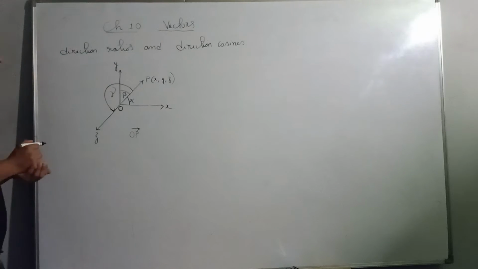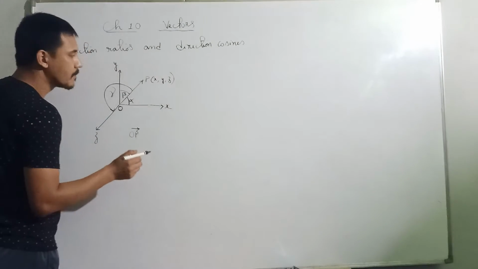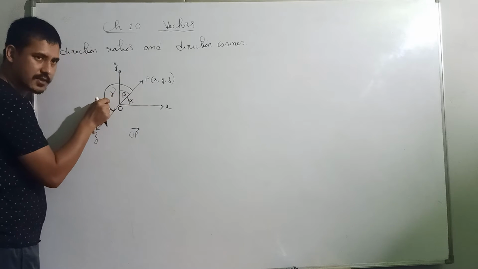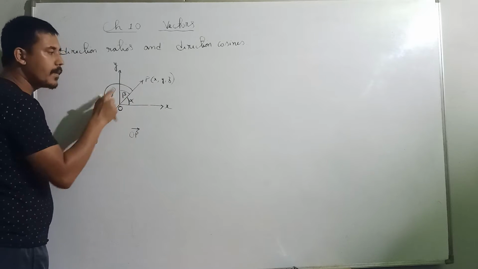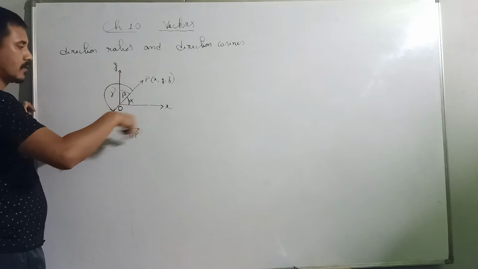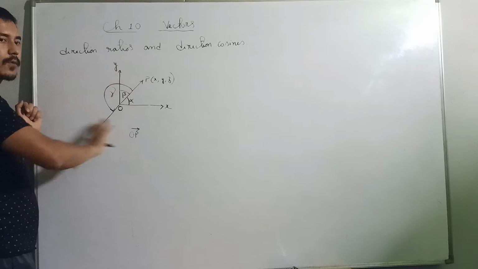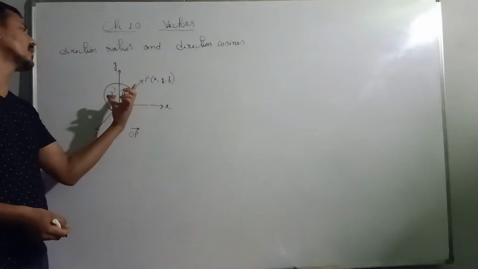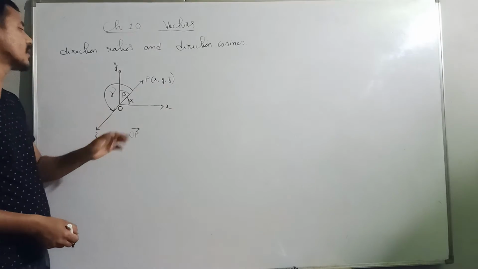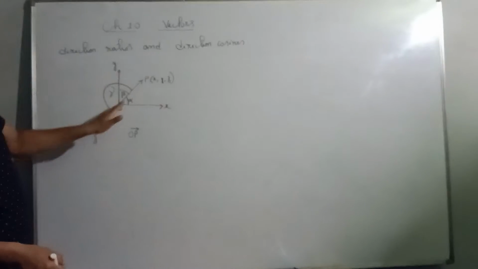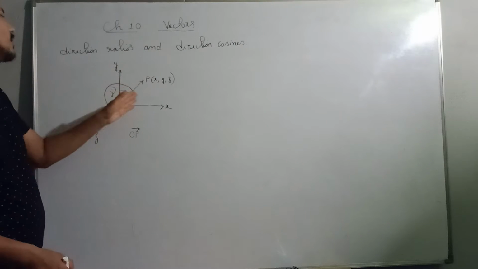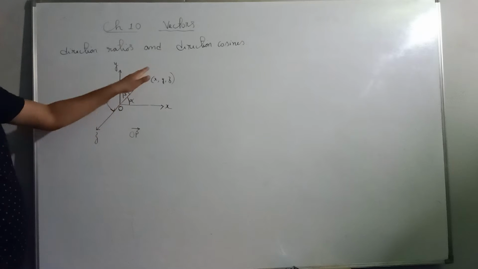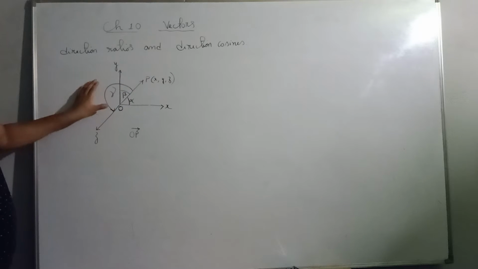Now you know the trigonometric functions: sine, cosine, tangent, cotangent, secant, cosecant. You take the cosine of these angles made by OP with the three-dimensional coordinate system. Alpha is the angle made by vector OP with the x-axis, beta is the angle made by the position vector OP with the y-axis, and similarly the angle made by OP with the z-axis is gamma.